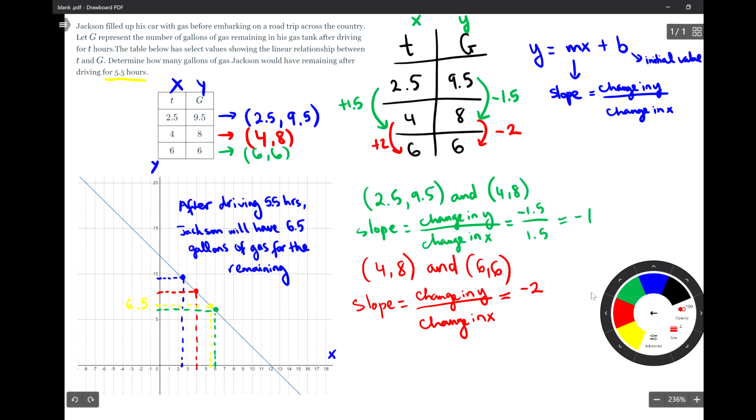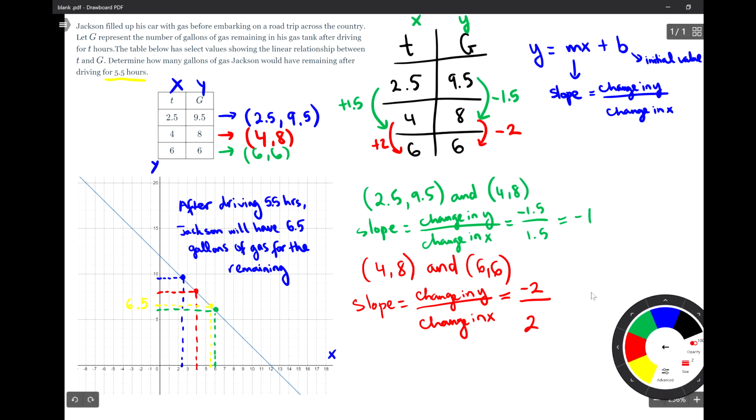You see that? Negative 2 right here is not negative 1.5 anymore. And the change in x now is 2 also. It's not 1.5 anymore. But at the end, negative 2 divided by 2 also gives you negative 1. Yeah, so the slope is negative 1.